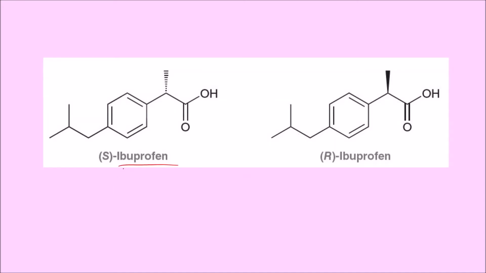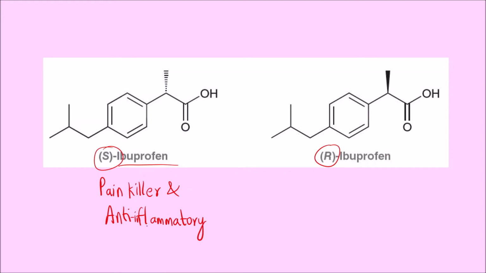This drug has two enantiomers, S and R. The important fact to be noted is that the S enantiomer of ibuprofen is used as a painkiller, and it is also used as an anti-inflammatory drug, which means it is used to treat inflammation. Whereas the R enantiomer is inactive.